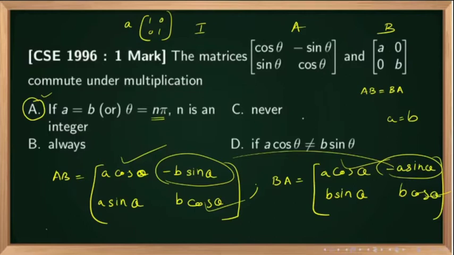You know A into I is equal to I into A. Similarly, B into I equals I into B. So if one of the matrices turns out to be an identity matrix, naturally the multiplications will commute, right? So in that way you can conclude the answer to be A equal to B or theta equal to n pi, because under this condition this becomes a scaled identity matrix. Okay, right.